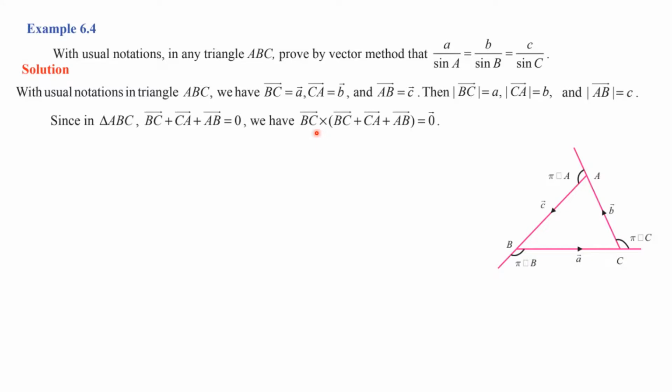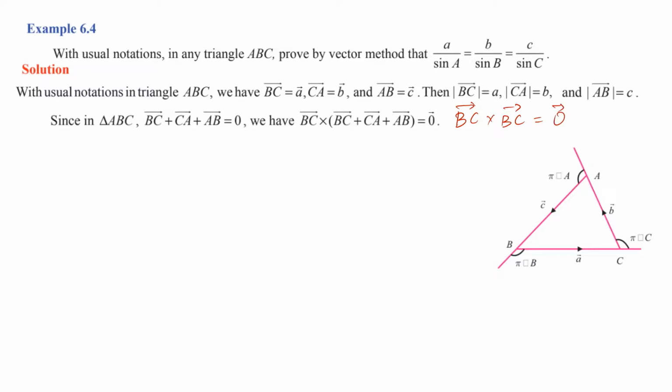And if I'm going to cross multiply this with BC, then it's BC cross BC plus CA plus AB, which will again be a 0 vector. The notable thing is vector BC cross vector BC will be equal to 0 vector.